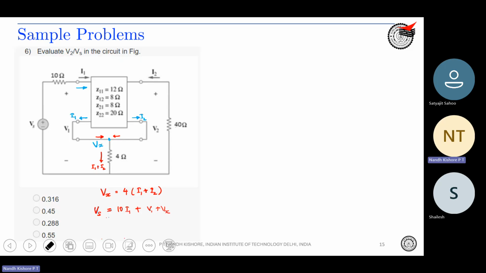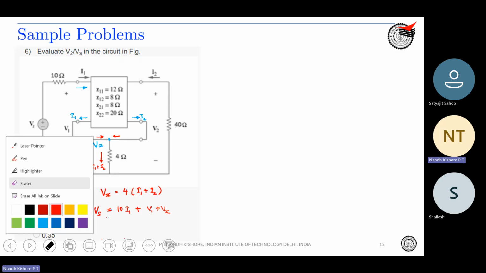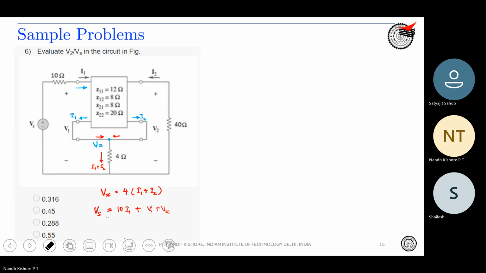So what you see is that Vs is equal to 10 I1 plus Vx, correct?